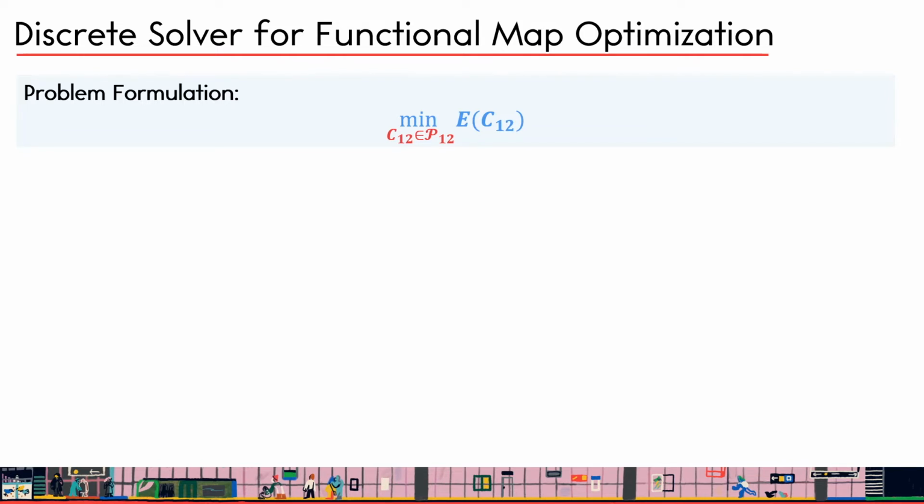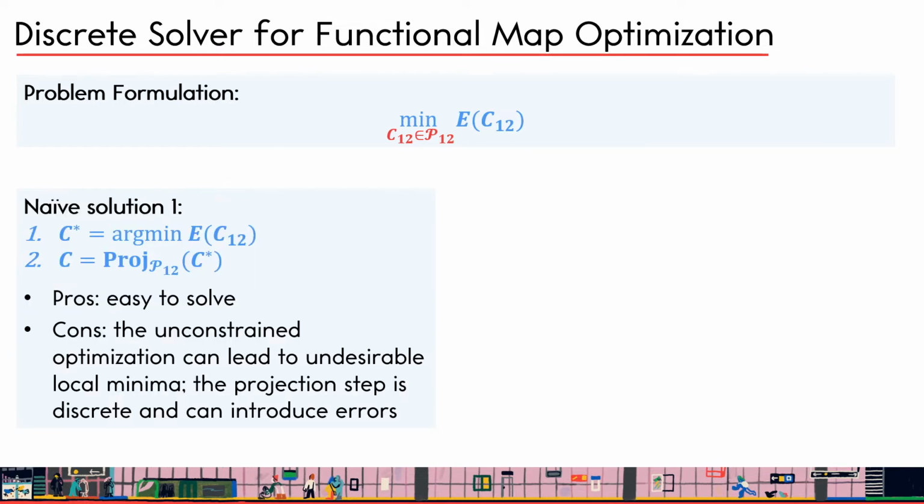Therefore, our goal is to optimize any given functional map-based energy with respect to the hard constraint that the functional map should be proper. We can immediately come up with two naive solutions. The first solution is to ignore the hard constraint for optimization and then project the optimized functional map to make it proper. Actually, this is a standard functional map pipeline with an extra projection step.